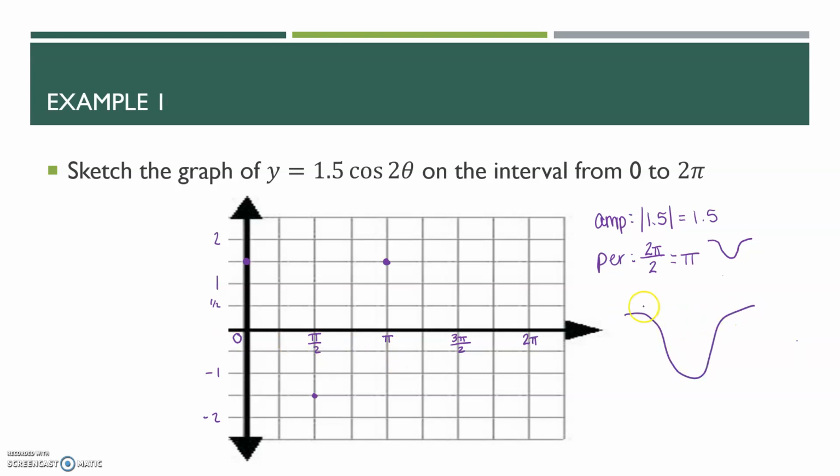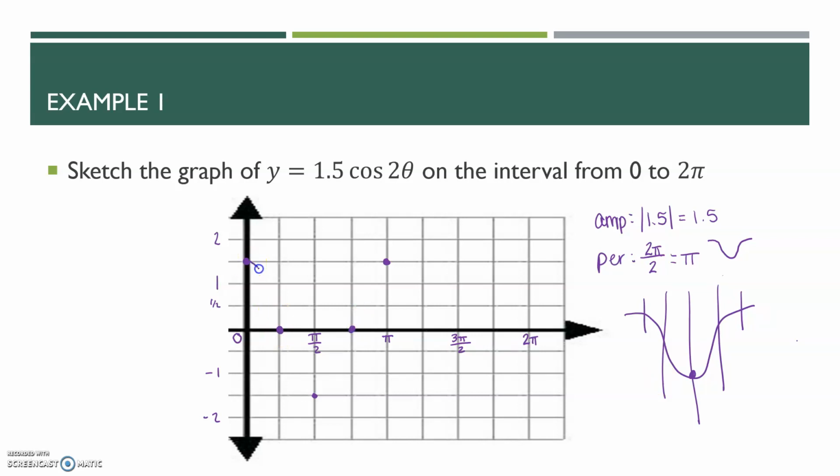But now we're saying, okay, here's my start, here's my end. This is the middle, and then we'll cut it in fourths again. So at the midpoint, quote unquote, it is the minimum. And then halfway between the maximum and the minimum is where it's going to cross the x-axis. So it's going to look like this.